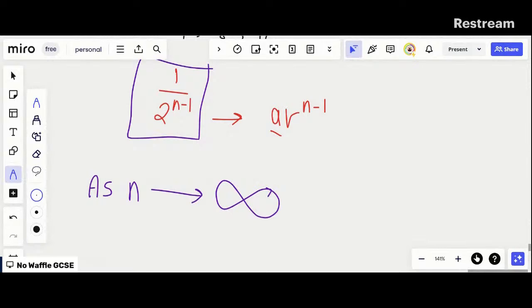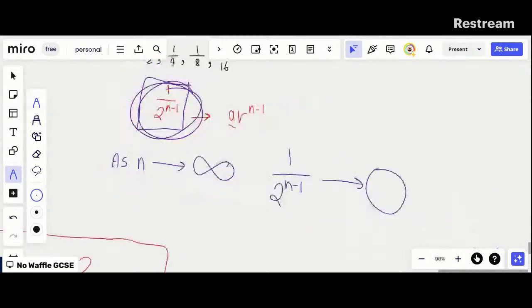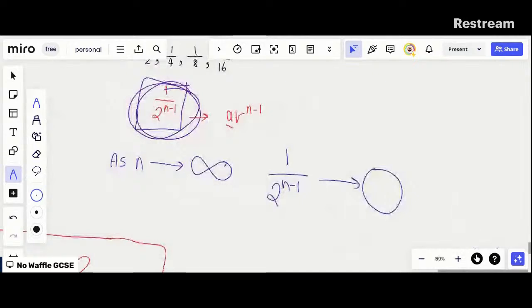You get 1 over a bigger and bigger number, so overall that becomes smaller and smaller. Therefore, 1 over 2 to the n minus 1 tends towards 0. It gets really, really close to nothing, and that is the overall idea.